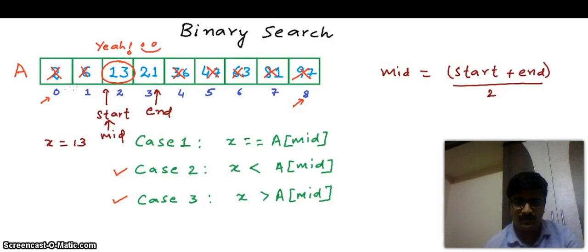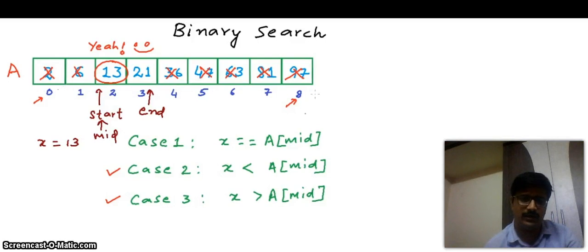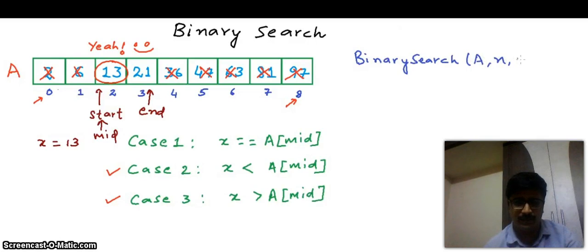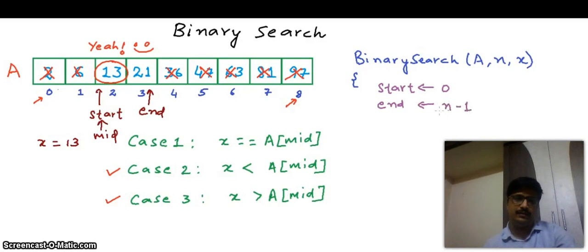Okay, so let us now write code for this algorithm. I will write a method binary search that will take as arguments an array A, its size n, and a number x to be searched for in the array, and I will initialize two variables, start to 0 and end to n minus 1. So start and end define our search space.